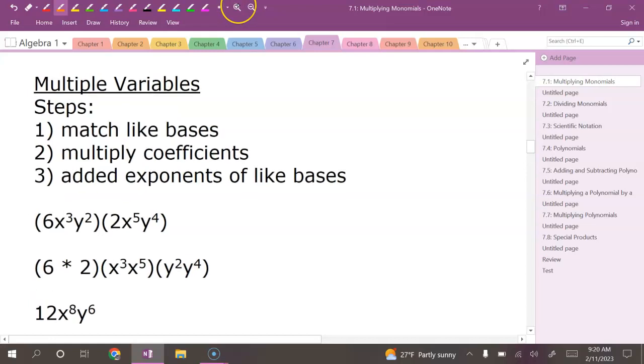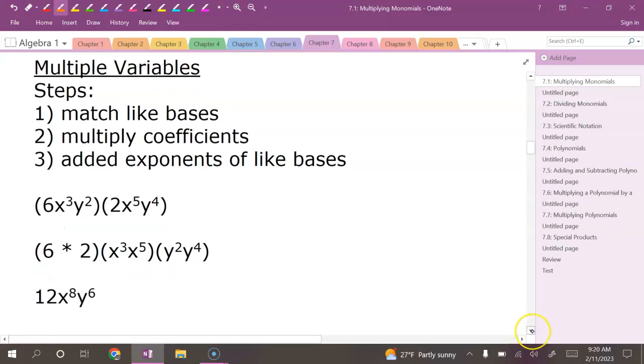So let me show you my thought process when I'm looking at this example that I've got worked out here for us. So I've got these two monomials that both have numbers and variables attached to them, and I'm trying to multiply these together. The first thing I do is I try to match up my bases. So I see that my 6 and my 2 are my coefficients, so I grouped them together.